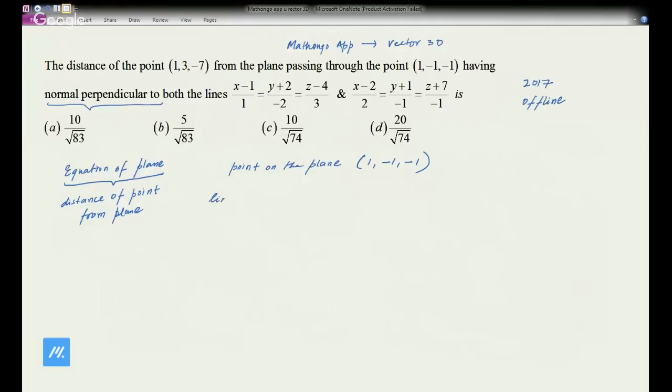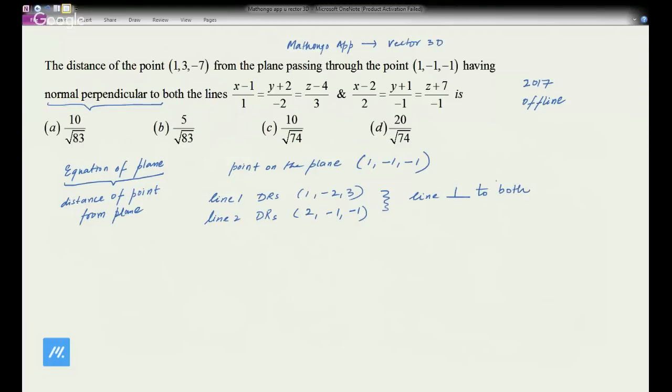Line 1 DRs are 1, -2, 3. Line 2 DRs are 2, -1, -1. You need a line perpendicular to both.